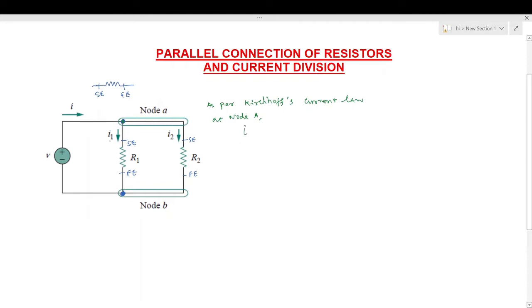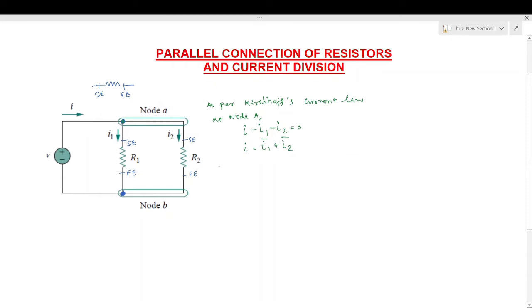And the currents I1 and I2, which are going away from the node, are outgoing currents, so we'll take them as negative, that is I minus I1 minus I2, which is equal to 0. For simplification of this equation, we will transfer the I1 and I2 currents to the right hand side of this equation. So this equation will become I is equal to positive I1 plus positive I2.